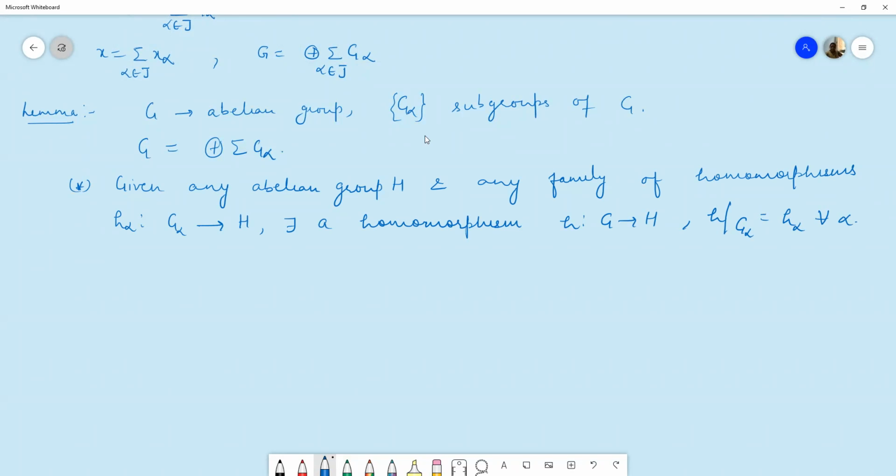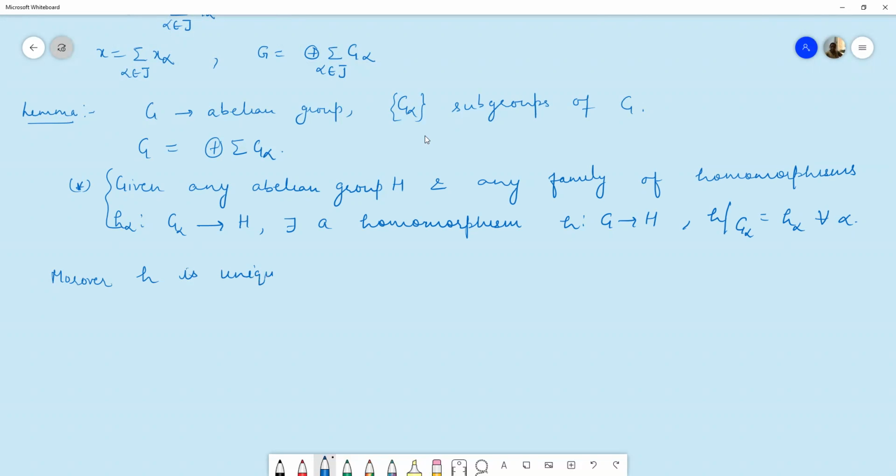So in this condition, we have an abelian group H and a family of homomorphisms from G alpha to this abelian group H. Then we want to prove that there exists a homomorphism from the direct sum of these groups G alpha, that is G, to H, which is equal to the given homomorphism H alpha when we restrict it to the group G alpha. This is our star condition. Moreover, this homomorphism H is unique.